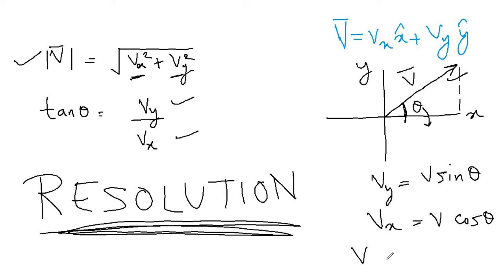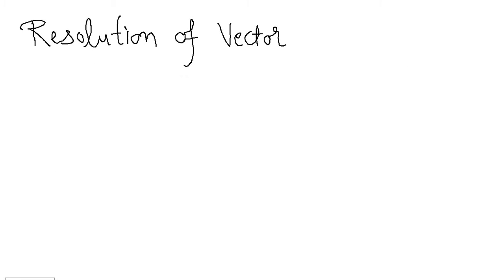Here v is nothing but the magnitude of the vector v, and you can see that these two are related to one another. How? You can simply divide vy by vx and you will end up with tan theta equal to vy by vx. Now this resolution of a vector is a very simple yet very powerful tool, and this is used almost in all the fields of physics.